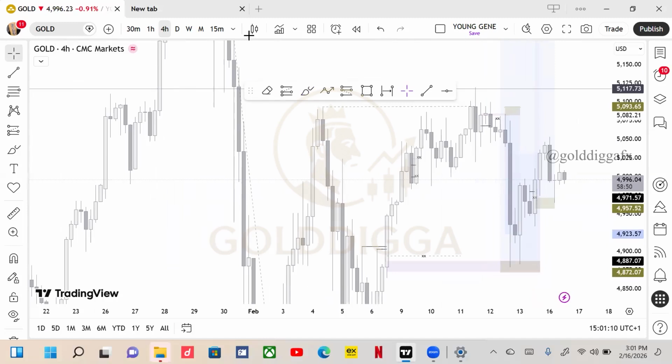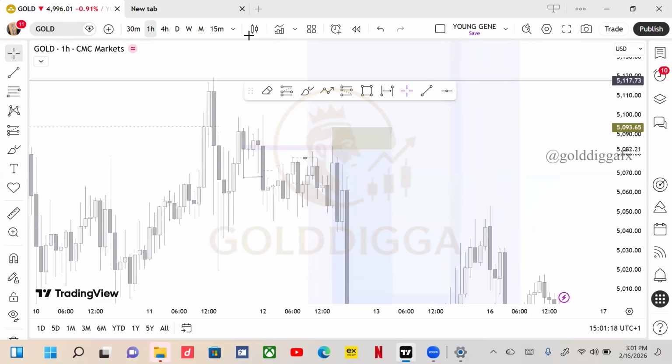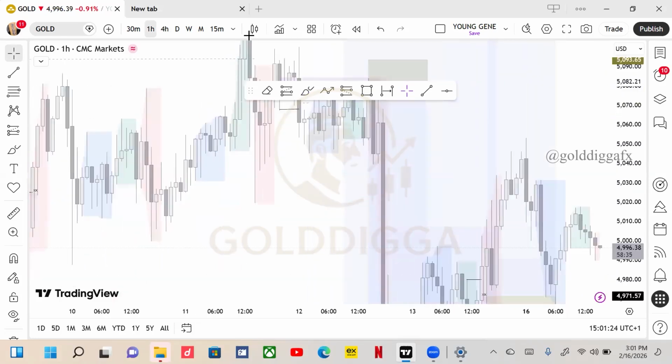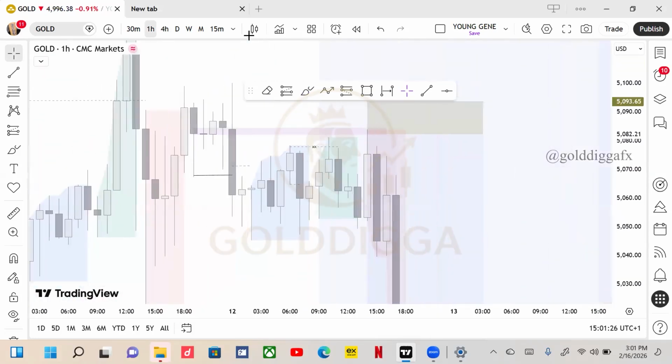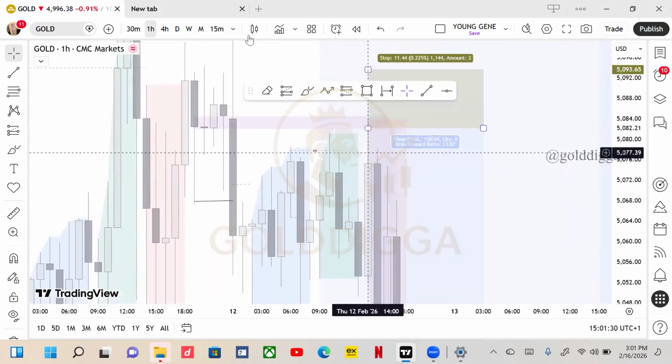is also the market session in which price came to your entry. If you look at this gold sell right here, when price came to the entry, it was the New York session.